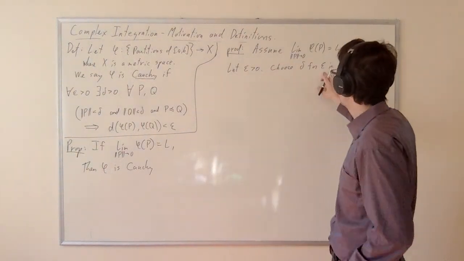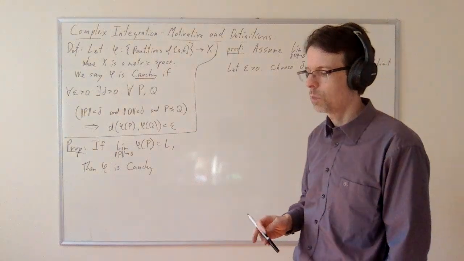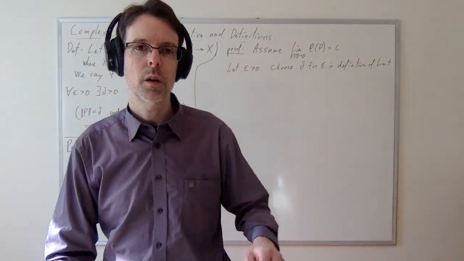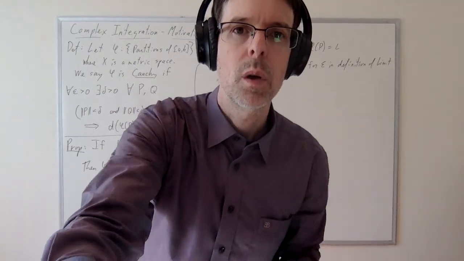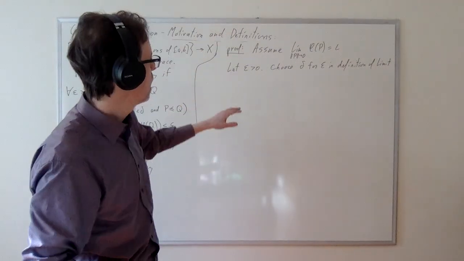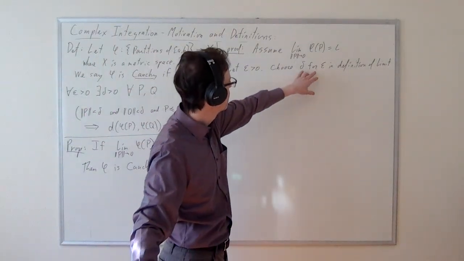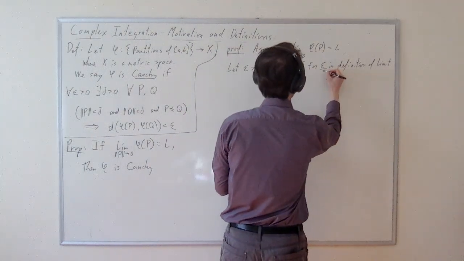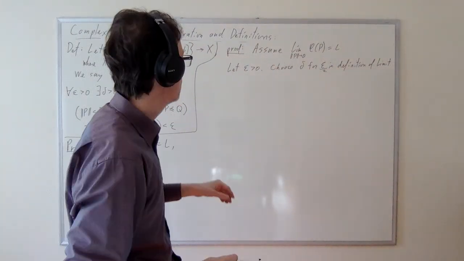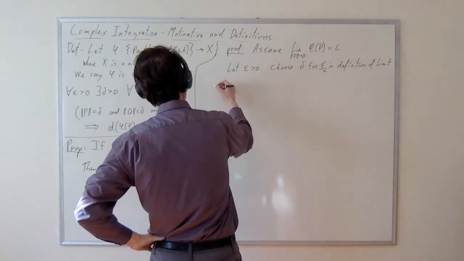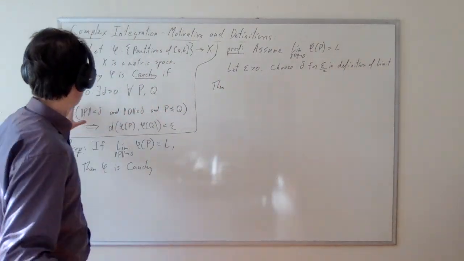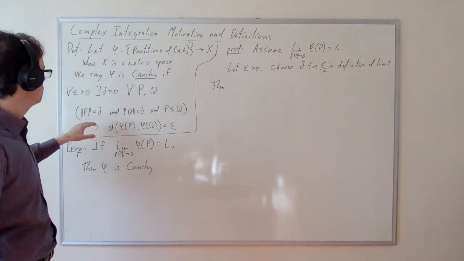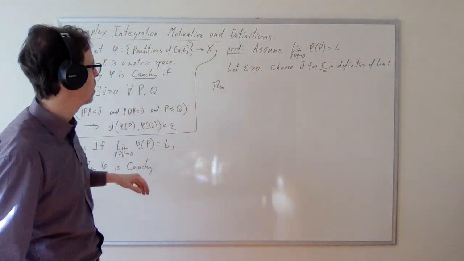And actually, choosing delta for epsilon will be nice, but choosing delta for epsilon over 2 will be even better. So let's choose this for epsilon over 2, because that will be even better. Then what do we know? What are we trying to do? We're trying to show that we have Cauchy.